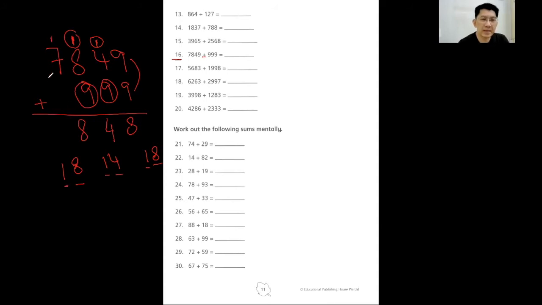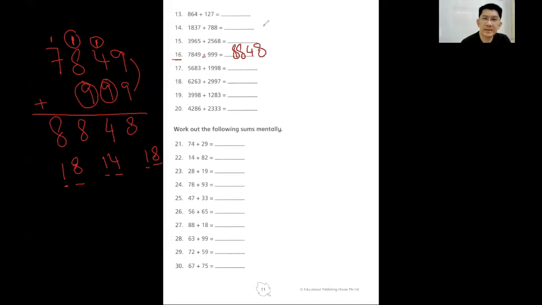Now, because there's nothing here, we'll just add these two numbers together, 1 and 7. 1 plus 7 will give you 8. Okay, so the answer to number 16, which is 7,849 plus 999, is 8,848. Okay, that is the answer.